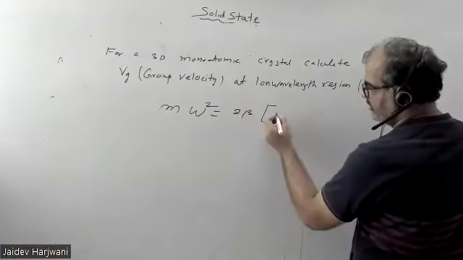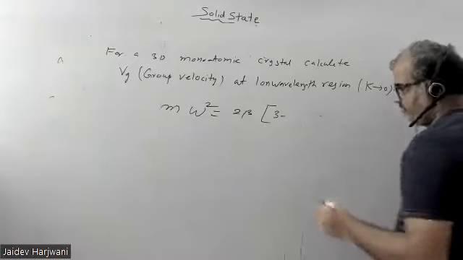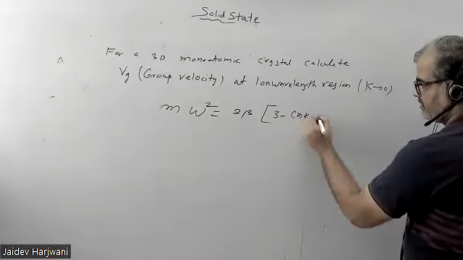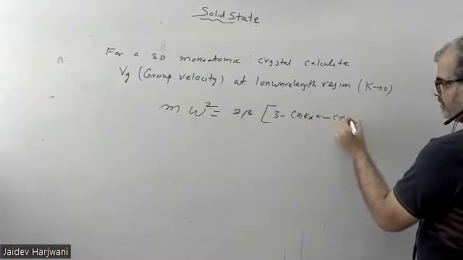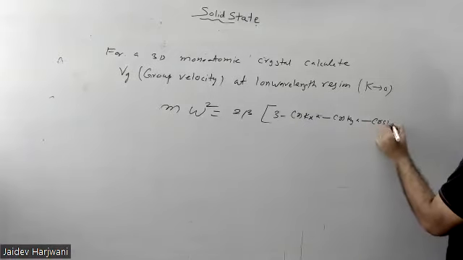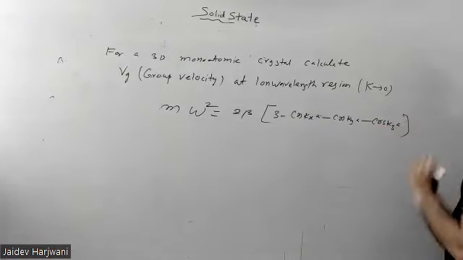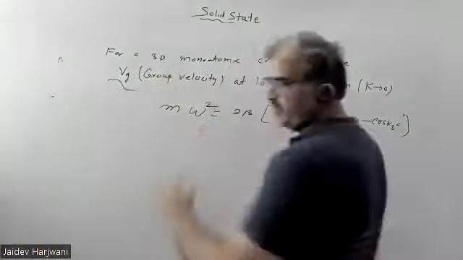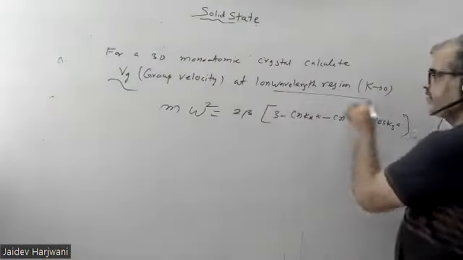Now it is a 3D crystal, so we can write it like this: 1 minus cos kx a, minus cos ky a, and minus cos kz a. This expression is given, and they are saying calculate the group velocity at the long wavelength region.